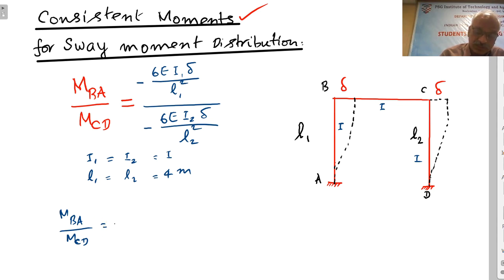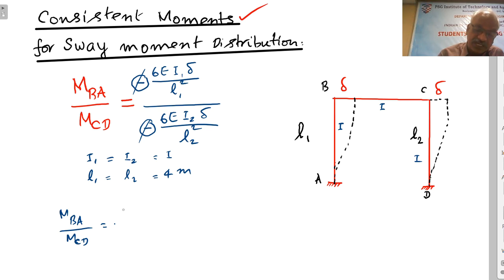equal to, we can cancel this minus and this minus, but in the tabulation, a very important point, the values are to be substituted with the negative sign if we assume the sway to the right. So this minus will have to be substituted in the tabulation, though here they get cancelled, right?